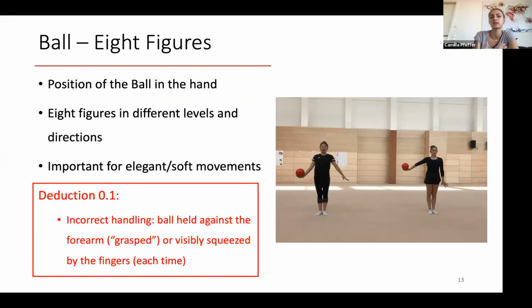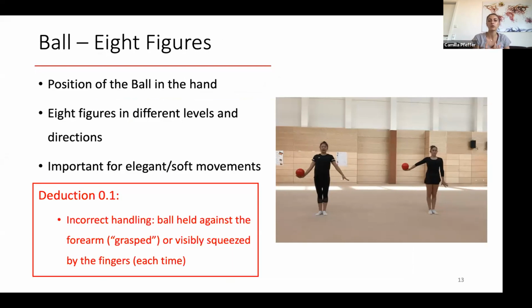The 8 figures in ball are very good to learn, like how to keep the ball right in your hand. Because in 8 figures, the ball needs to be balanced all the time. You cannot grab the ball, you cannot push it to your forehand. So it really needs to be held in the right manner, and it needs to be balanced in the whole 8 figure.